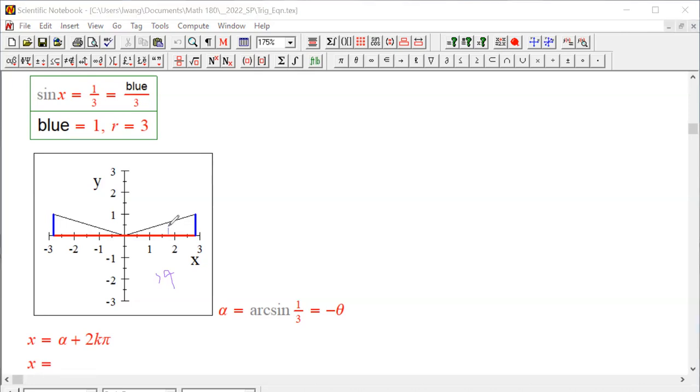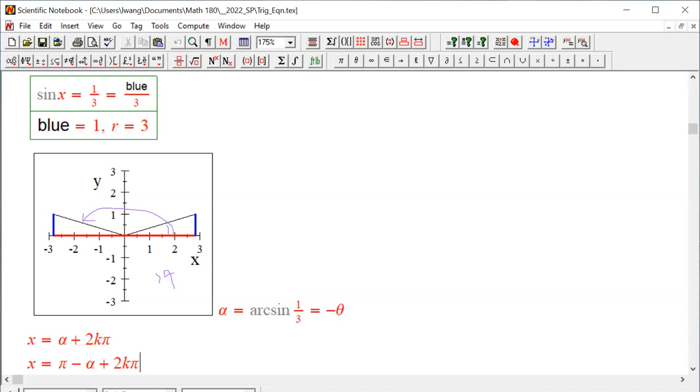So this is alpha, and this other one is pi minus alpha. So that's going to be pi minus alpha plus 2k pi. So we get two other solutions. Okay. Now we have 4 forms of solutions.